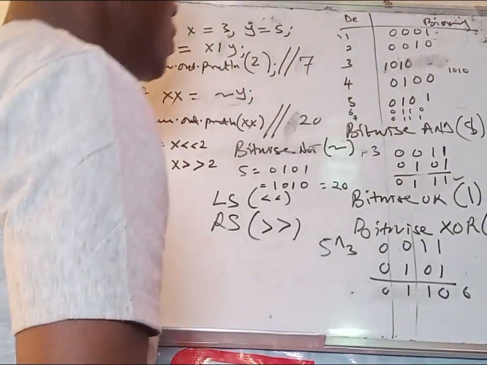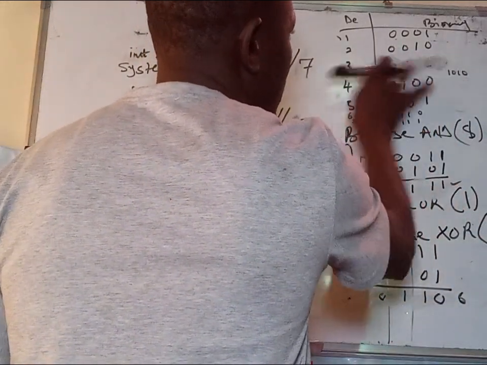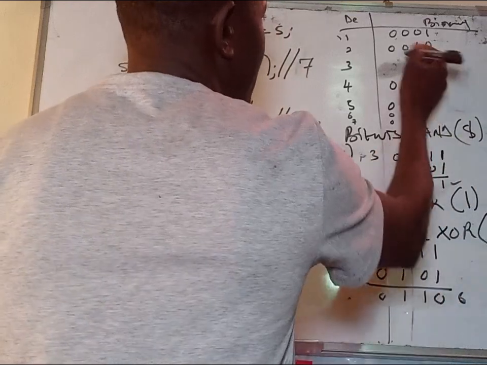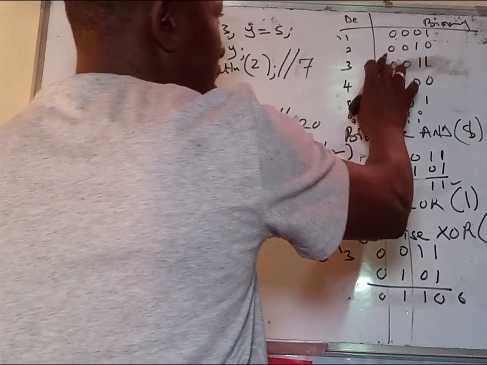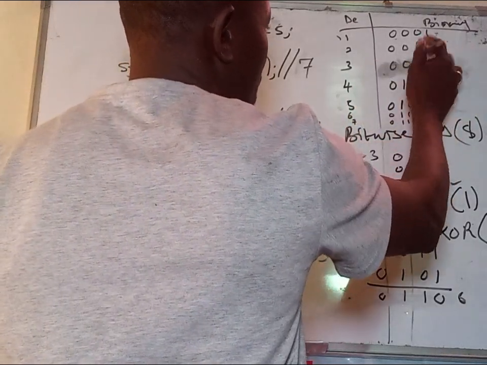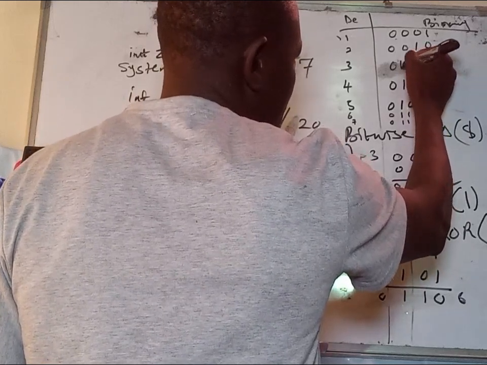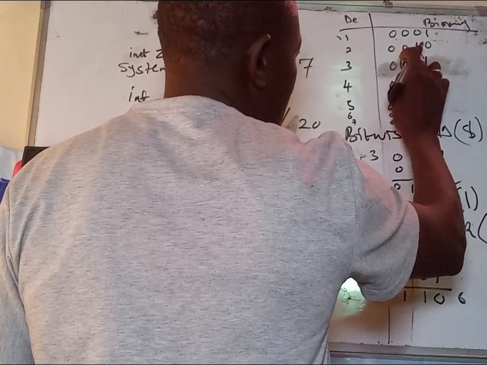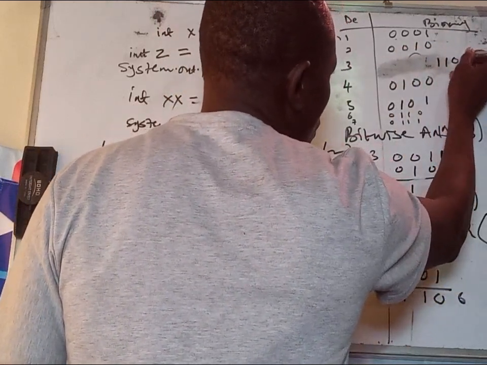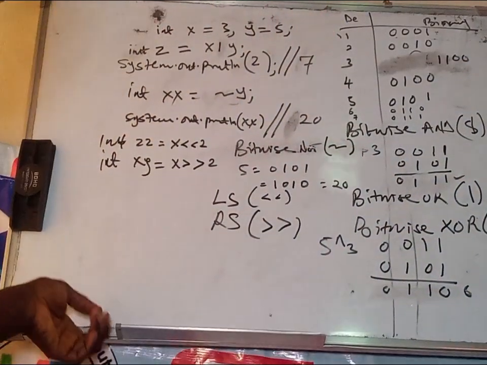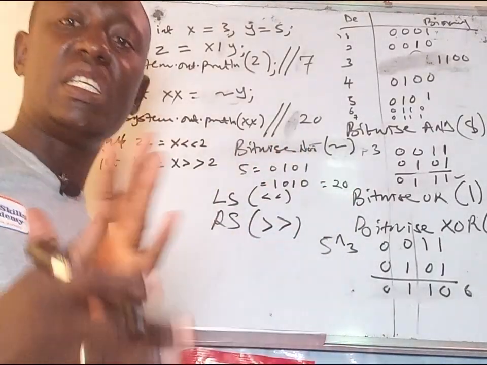Assuming initially we have our 3 as 0011. If we are shifting this by 2, the first time this 0 will shift and this 1 will take place here. Are we together? The next time again it will shift, so it will end up being 1100. So this is how you go about conducting your bitwise operations in Java.